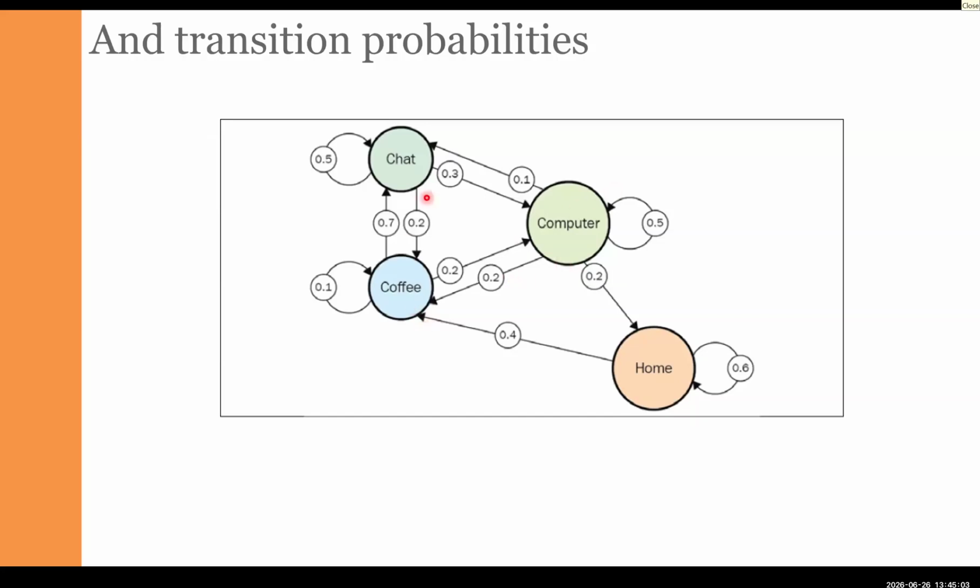The second step in setting up the Markov process is to introduce probability. Let's assume that we check the state of the person every 10 minutes. Then we can define that if the person is working on the computer now, then in 10 minutes, with a probability of 50%, they will still work on the computer.